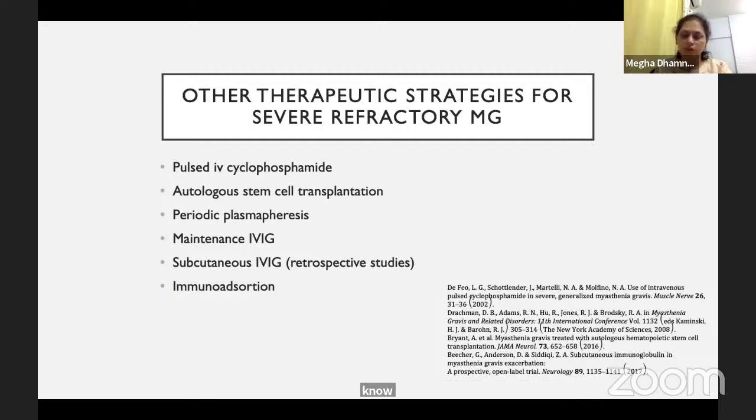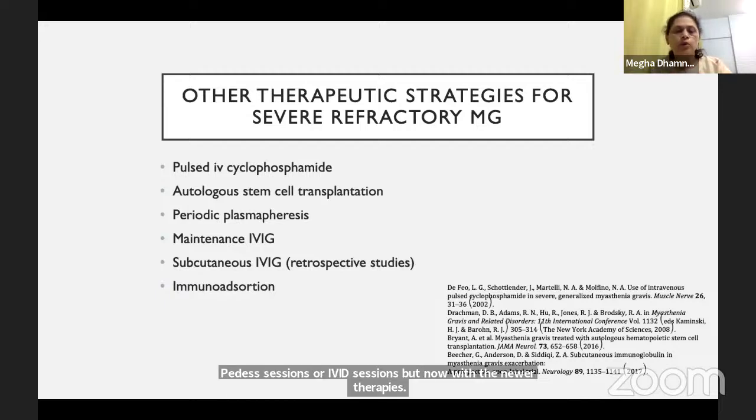But now with the newer therapies, this probably is not going to be, we're going to see a new change in how we treat myasthenia patients.